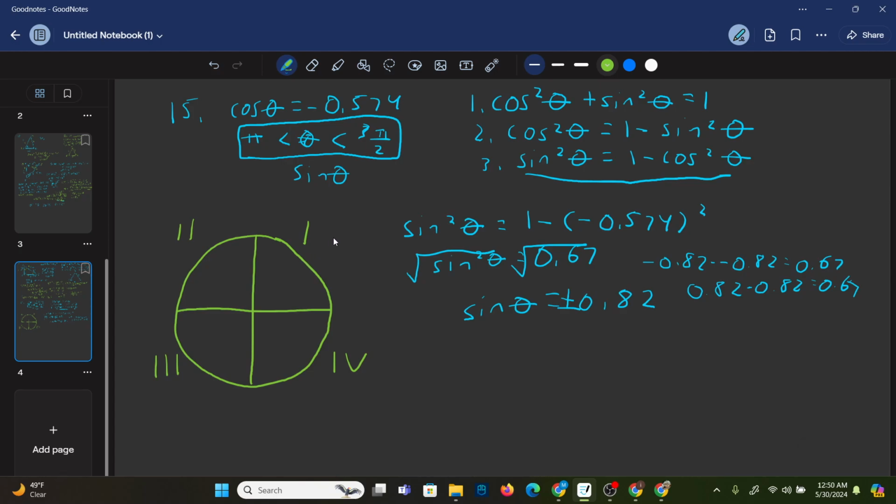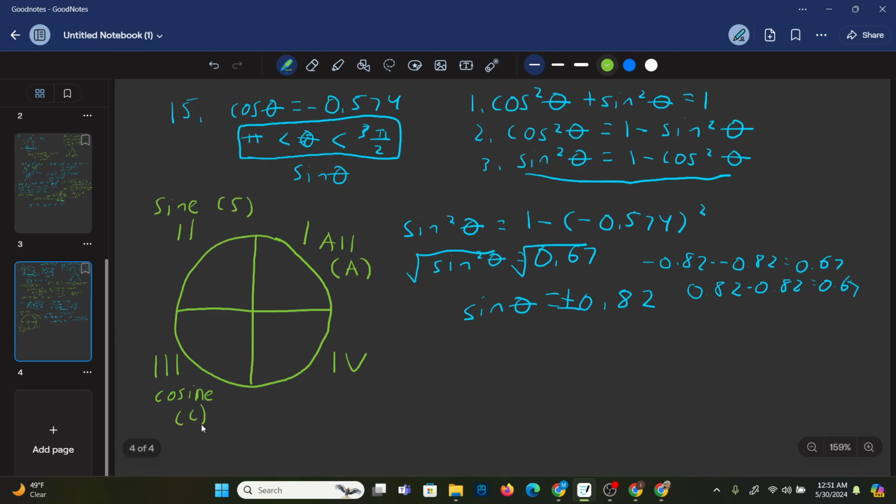And here, all is positive because we have the acronym All Students Take Calculus. So the A for all, sine is positive here for students, cosine is positive here.